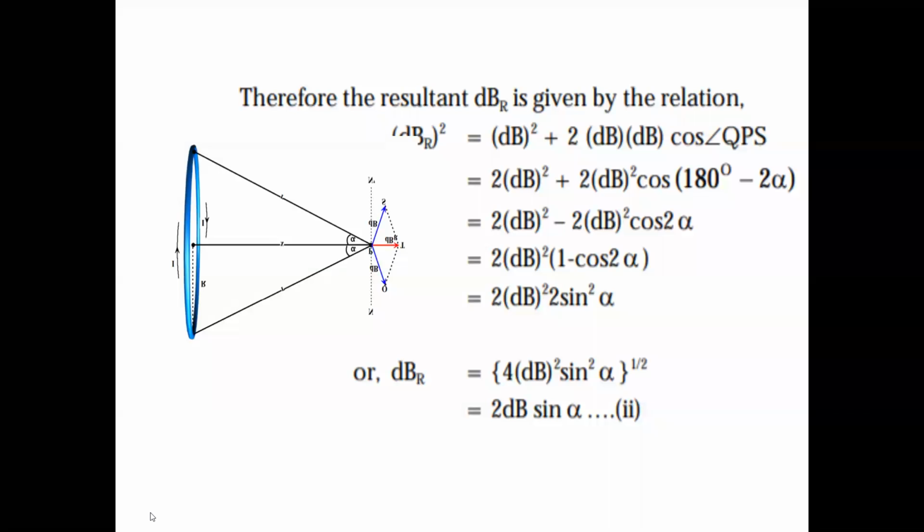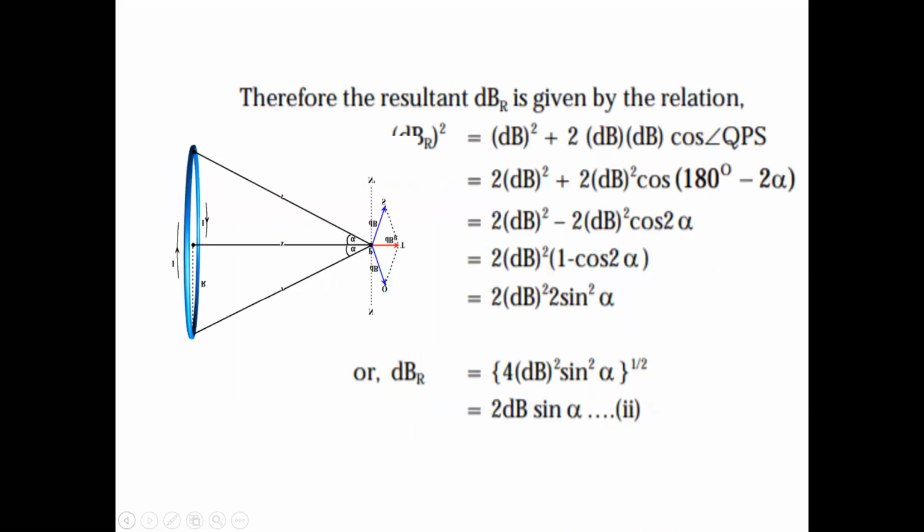Now we have to measure the total magnetic field, that will be equal to the sum of all the dBr values due to all the pairs of dL, that means throughout the circular coil, throughout the circle.